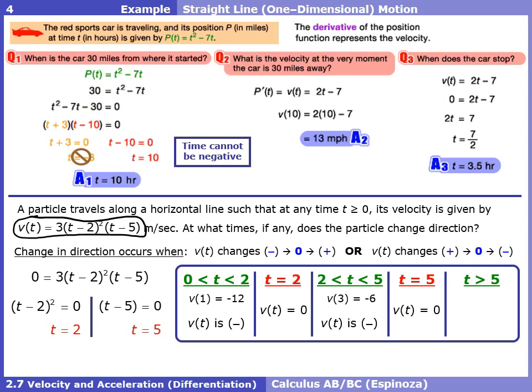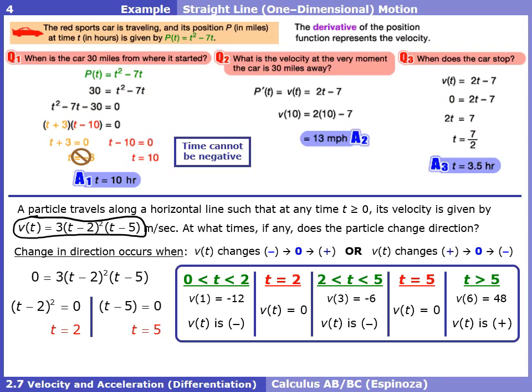Okay, now let's try a time after 5. You're free to pick any time after 5, but keep it simple, and we're going to choose 6. I'm going to take 6, plug it into my velocity function, and I'm going to see that I get 48. I don't really care that 48 is what I got. I care more that that is a positive velocity. So did a change in direction occur at t equals 5?